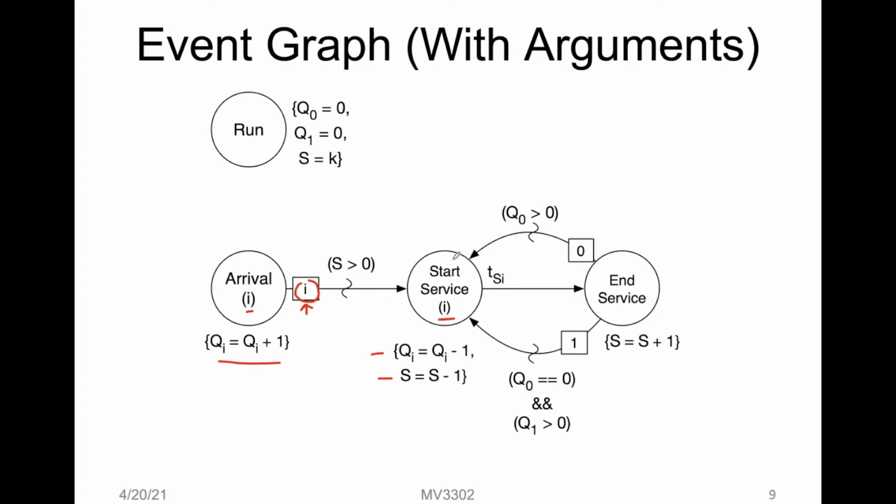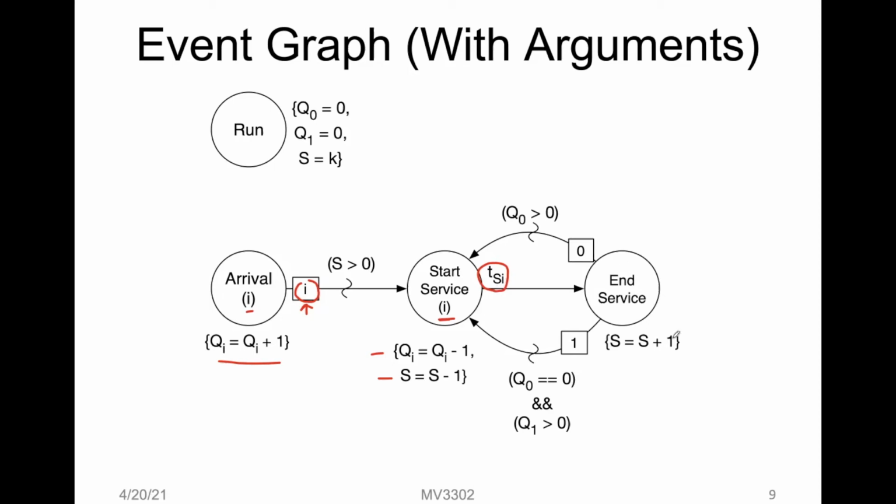And similarly here, if I have a start service, because I've told you what the I is, the delay between start service and end service is TSI. So if I start service on 0, it would be TS0. If I start service on 1, it would be TS1.